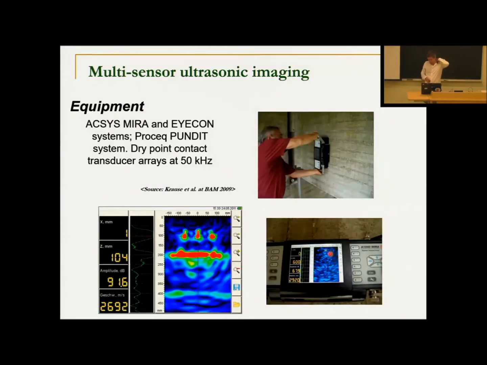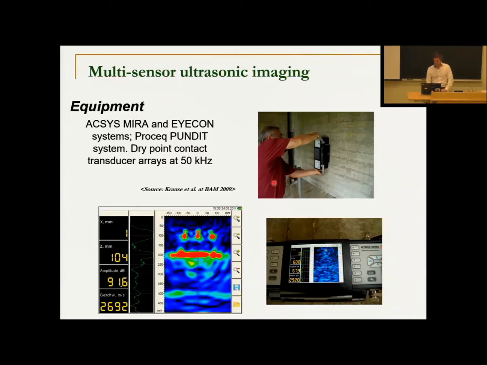Now, this imaging equipment, which is commercially available and more coming to the market every year, you may know by different names like the Axis Mira or the Icon or the Proceq Pundit. All of these have about the same kind of design, the dry-coupled array transducers.